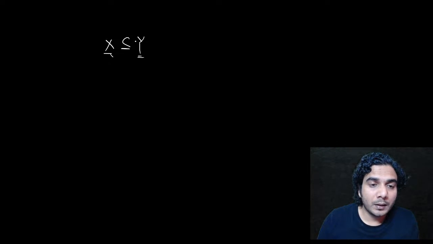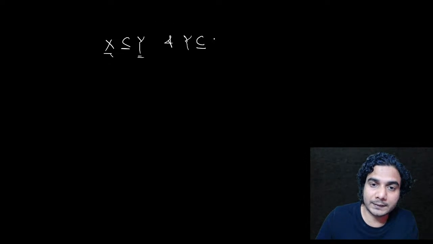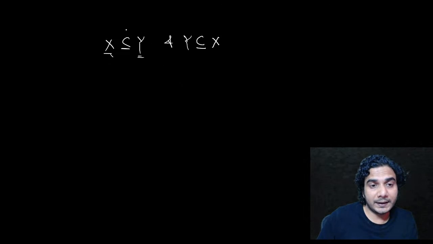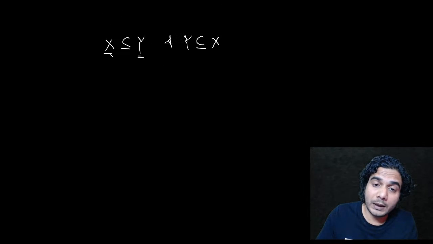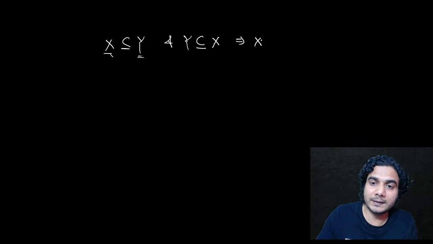But if you write the statement that X is a subset of Y and Y is a subset of X, now you are saying that every element of X belongs to Y and every element of Y belongs to X. This implies that X is equal to Y, and X and Y must be equal.